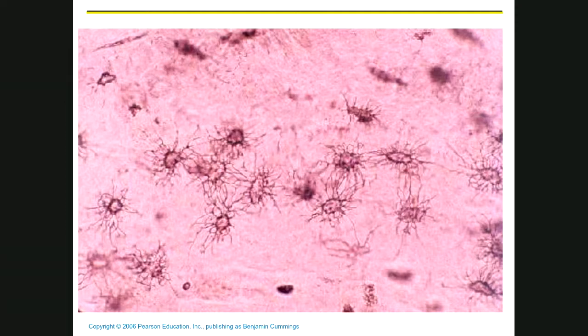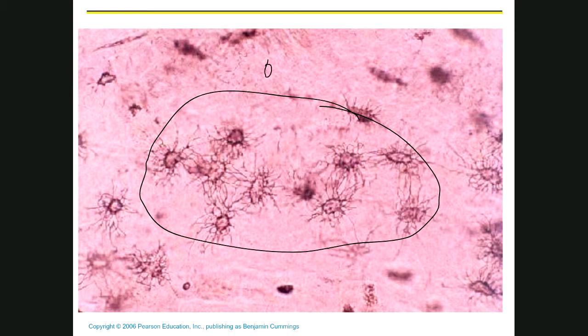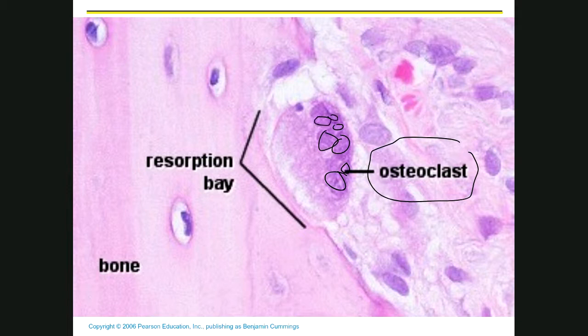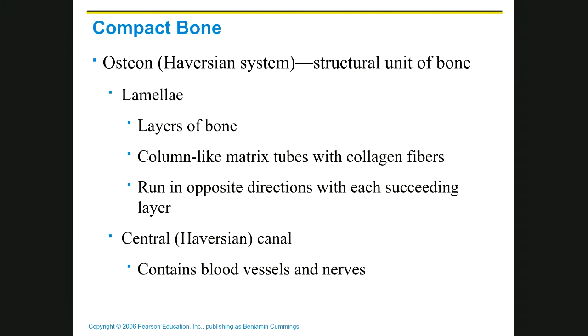So what are these cells? Osteocytes. And we go on, we can see there's the osteoclast. And yes, see how many nuclei they have? They have a bunch of them, which is odd. Most cells don't have more than 1 nucleus, but this one does. Any questions?